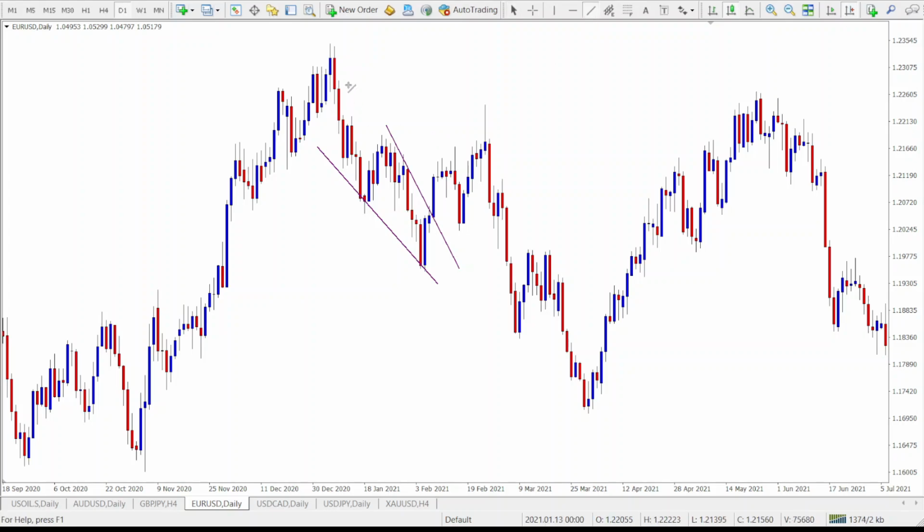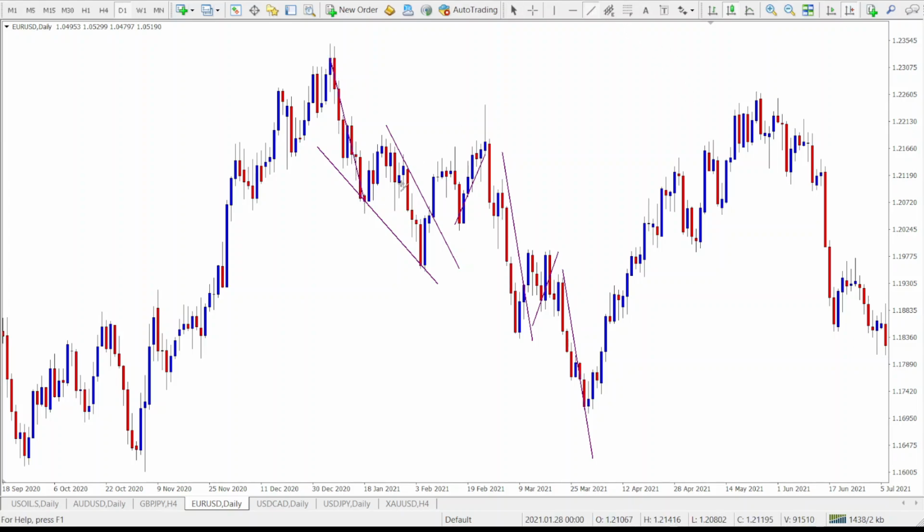For example, we can see that we have our 5 waves pattern here: the first wave, the second wave, the third wave, the fourth wave, and the fifth wave. But within the first wave, if you look closely, we had another wave pattern.